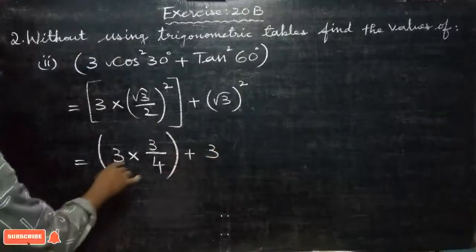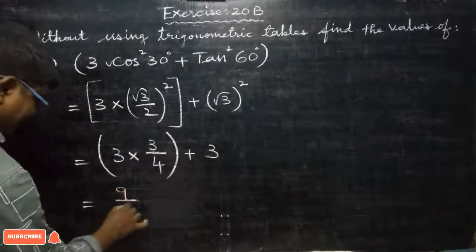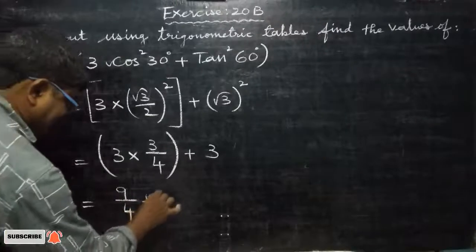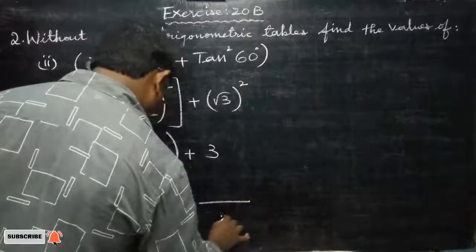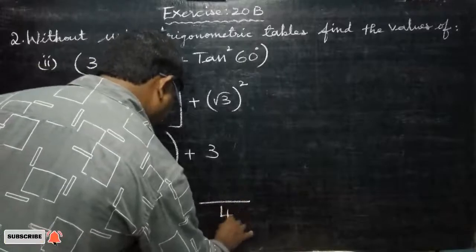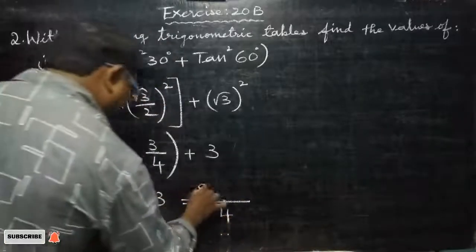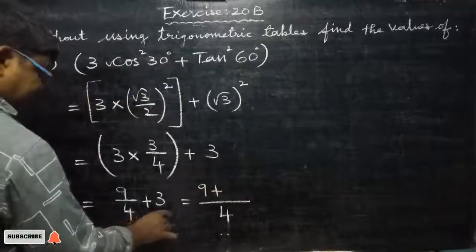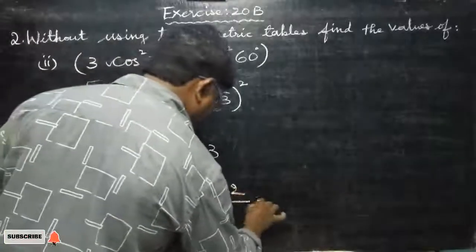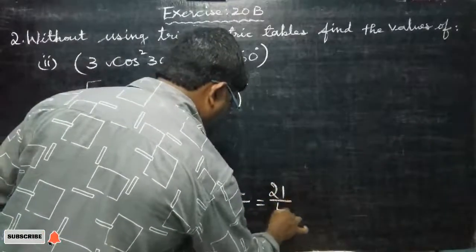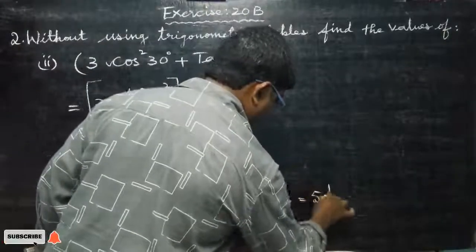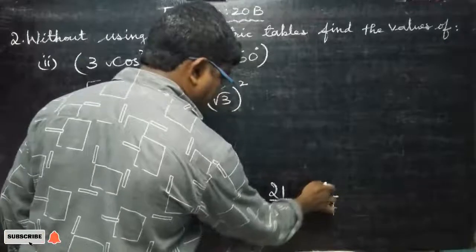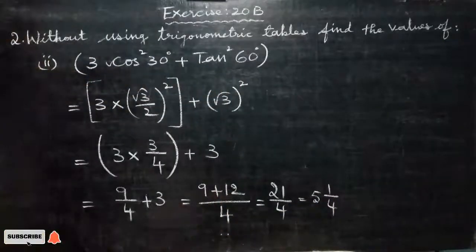That is equal to 3 threes are 9, 9 by 4 plus 3. Now take LCM. What is LCM? 4 is the LCM. 9 plus 4 threes are 12. Add, 21 by 4. Change into mixed: 5 1 by 4. 4 5s are 20, 20 plus 1, 21 by 4. This is the way of finding the value.